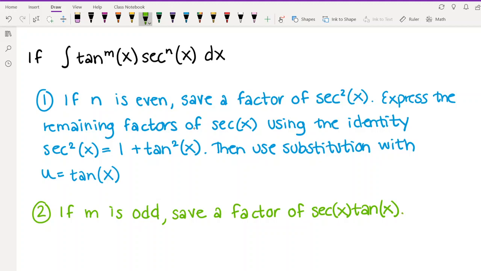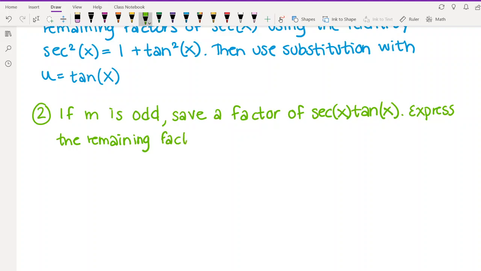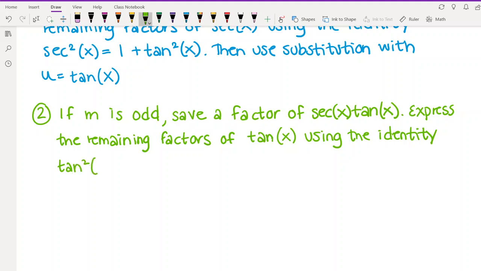So what are we going to do after that? We're going to express the remaining factors of tangent of x using the identity tangent squared of x is equal to secant squared of x minus 1.